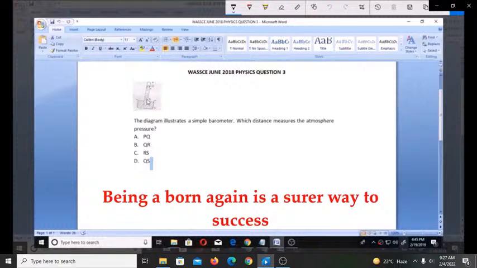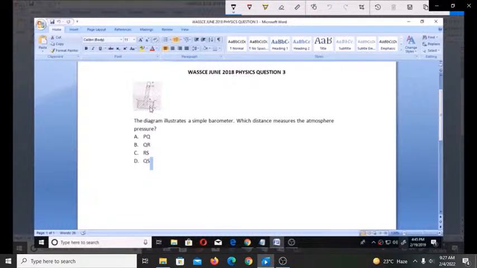So which of these distances measures the atmospheric pressure? Is it PQ? Is it QR? Is it RS? Or is it QS? So which of them?